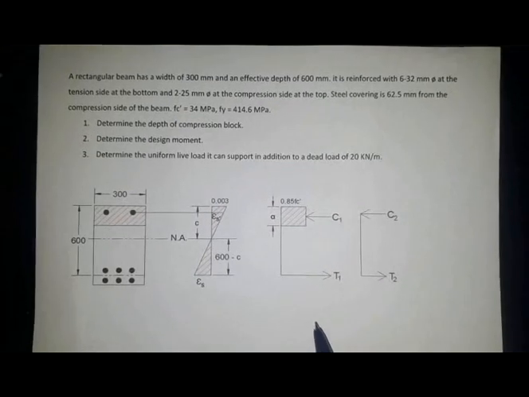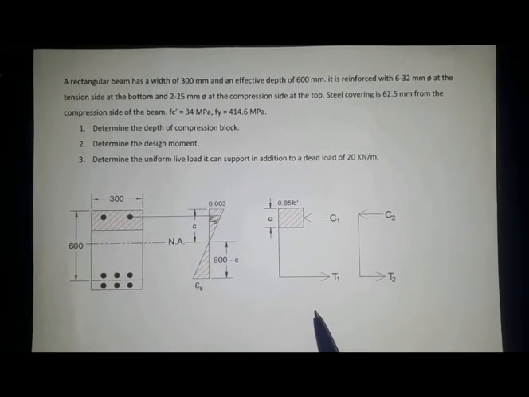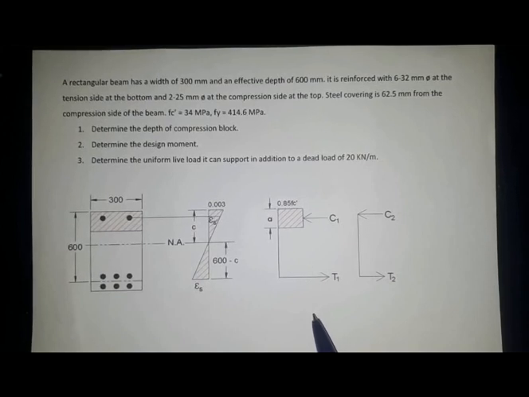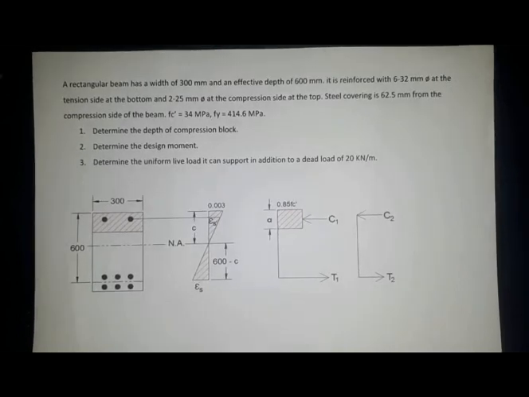Now, it says in this sample problem, a rectangular beam has a width of 300 mm and an effective depth of 600 mm.